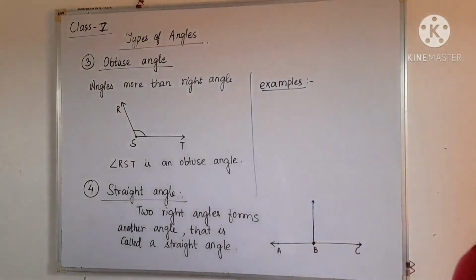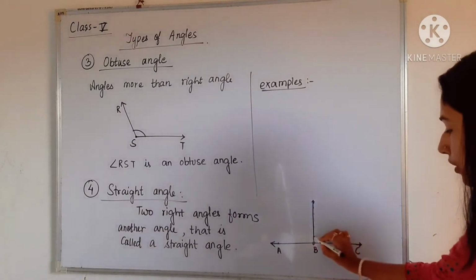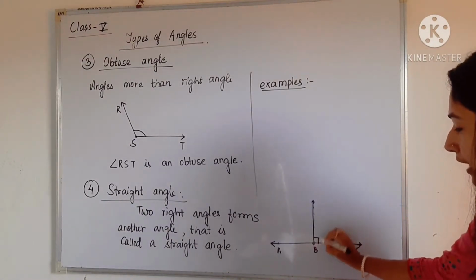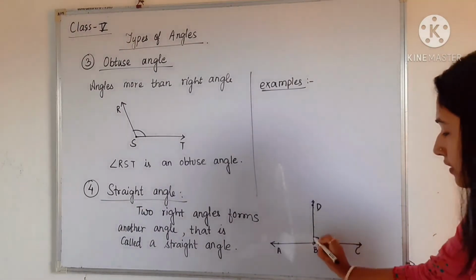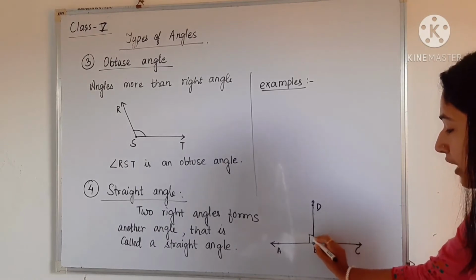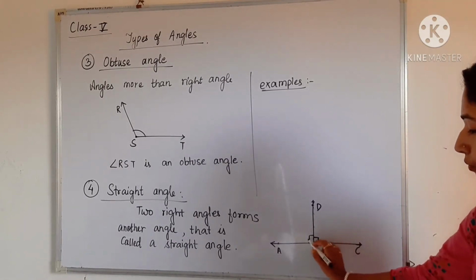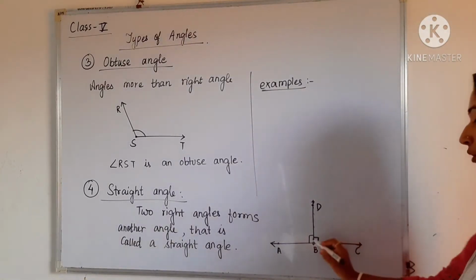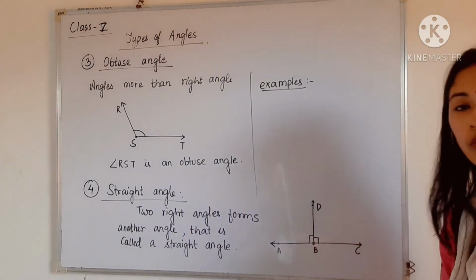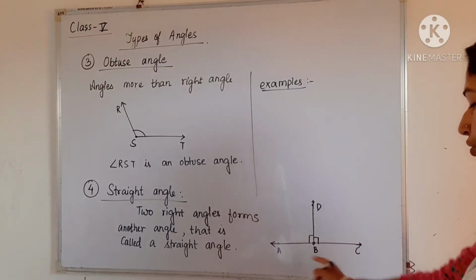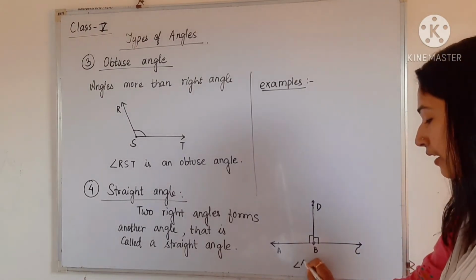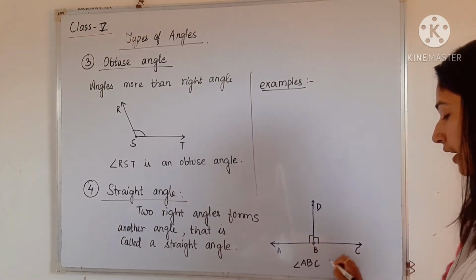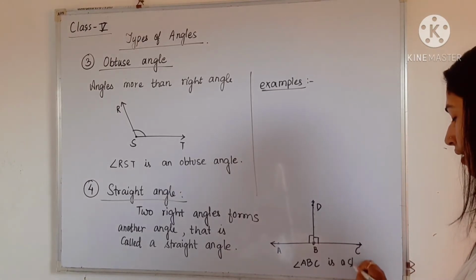Sorry, this is one right angle and this is the other right angle. If I am joining the 2 right angles, then they are forming the third angle, and that is called the straight angle. The name of this straight angle is angle ABC. Angle ABC is a what? This is a straight angle.